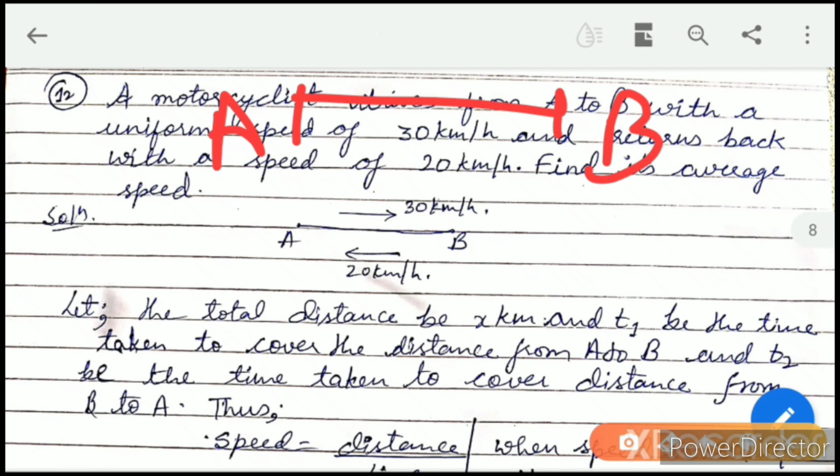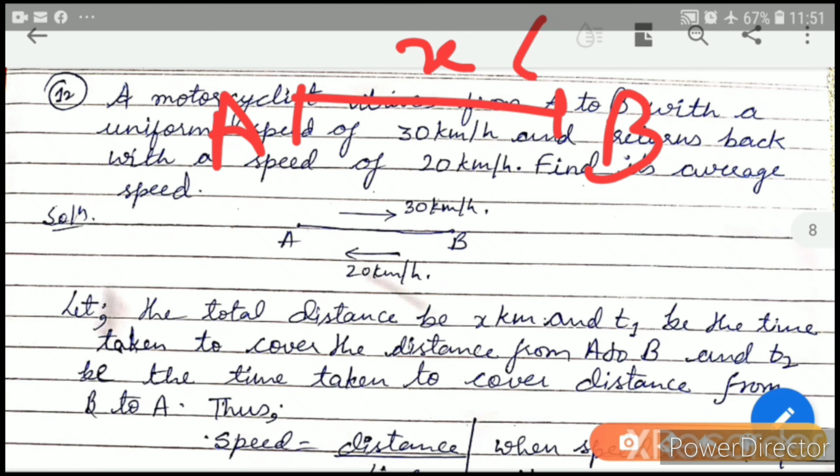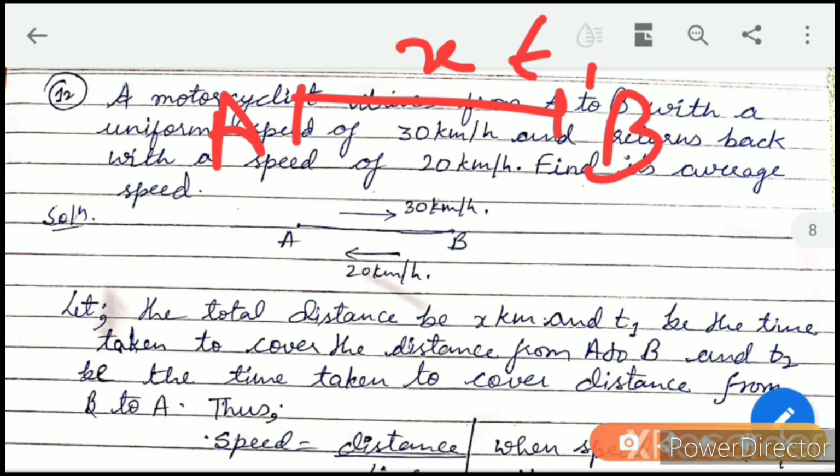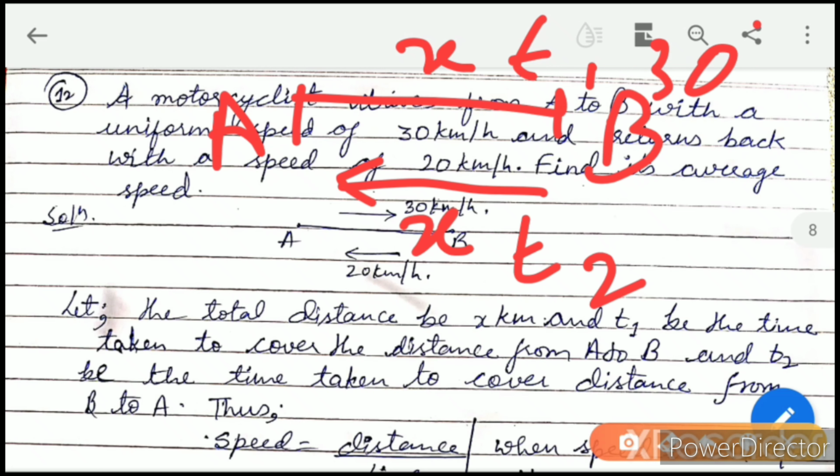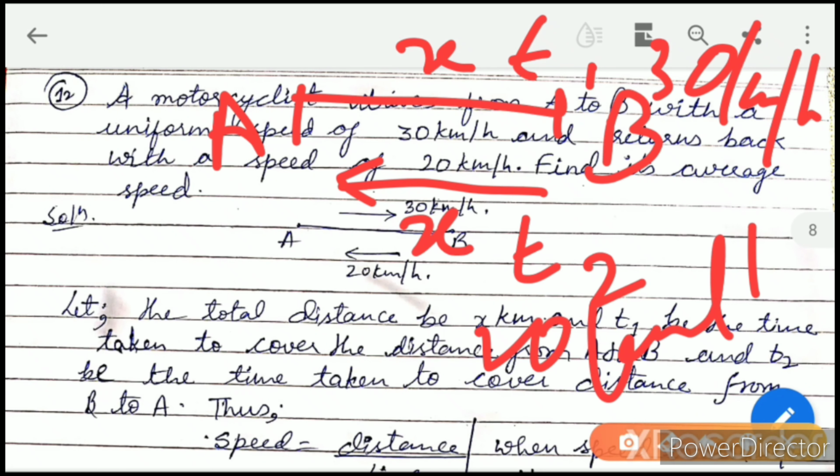If we assume the distance as x and the time taken to cover the distance from A to B be t1, the distance from B to A will also be x, and the time taken from coming B to A, it will be t2. And it is mentioned the speed for the A to B distance is 30 km per hour, and for this speed is 20 km per hour.